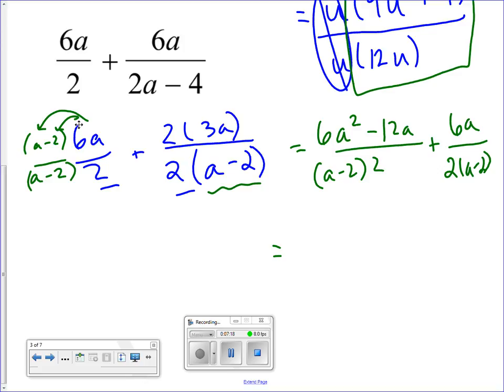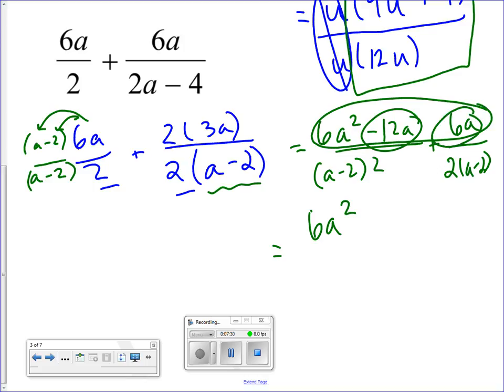I'm not going to simplify them just yet because I have a feeling there's a GCF of 2 hanging out up here that I'm going to cancel out. So adding those numerators, 6a squared, and then negative 12a plus 6a is negative 6a, all over a minus 2 times 2. I do see a GCF of 2 in the numerator.